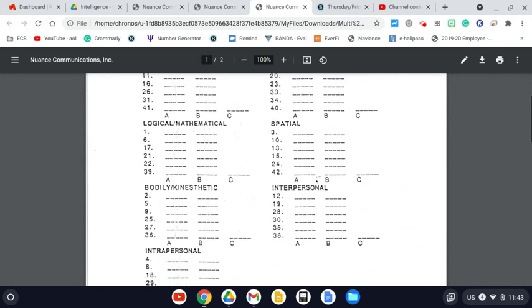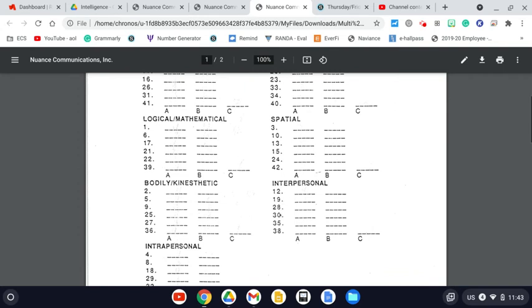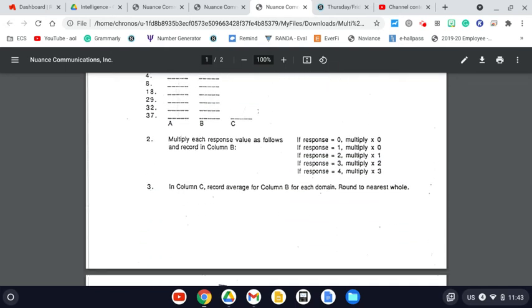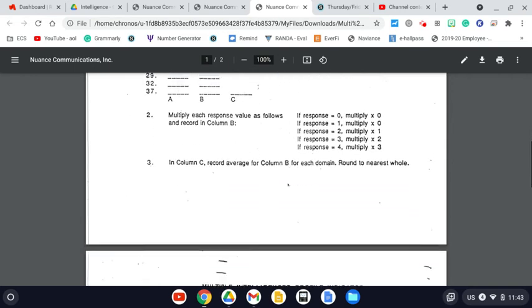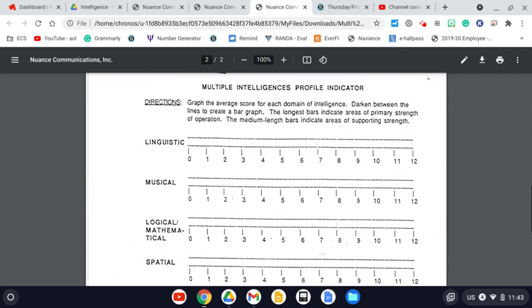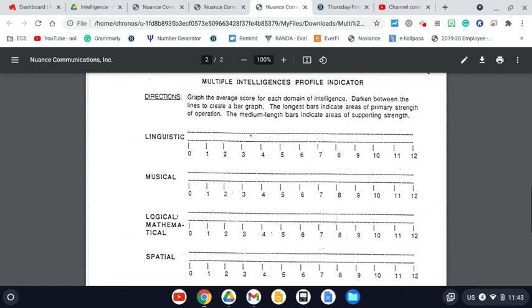I believe each column has 6 questions, so you're always going to divide whatever your total is from the B column by 6. Once you've gotten all of your scores for C, the average, which you want to round to the nearest whole number, then you can fill out this little chart.